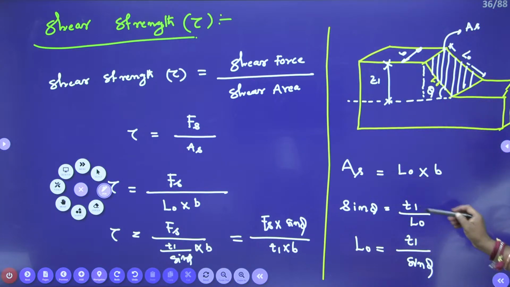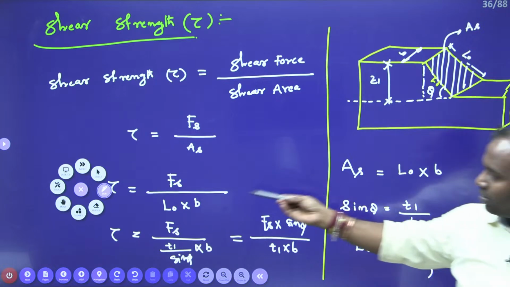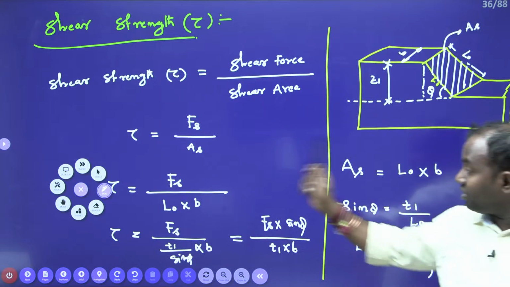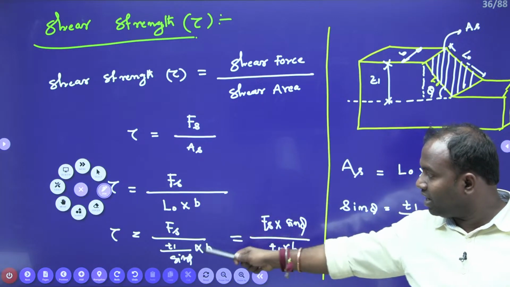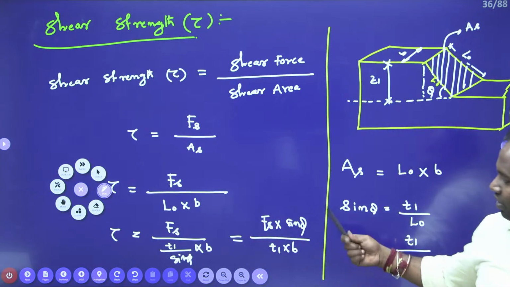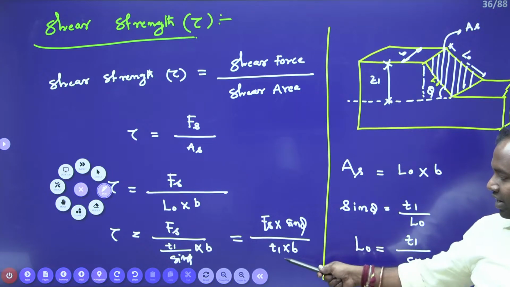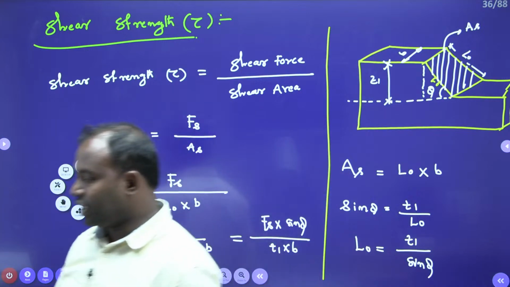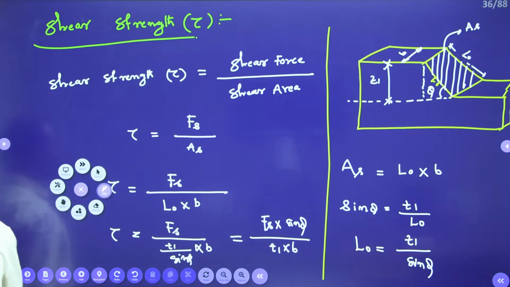From there I find my L0. I have substituted in Fs by As, meaning L0 into B. L0 is T1 by sin phi. So now sin phi will go up, then Fs into sin phi is divided by T1 into B. Clear, everybody? Understood, guys? This is how you are supposed to calculate your shear stress. All right.